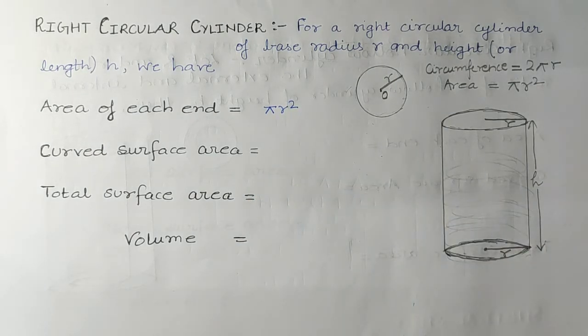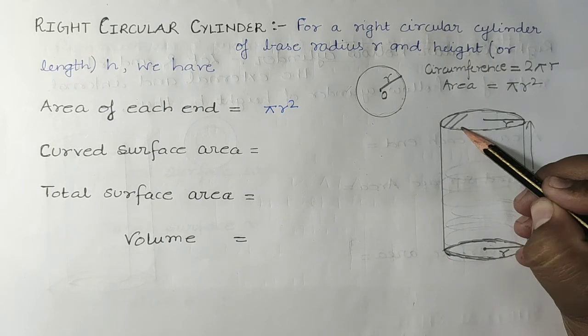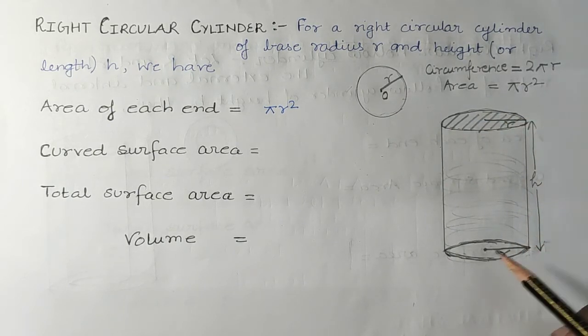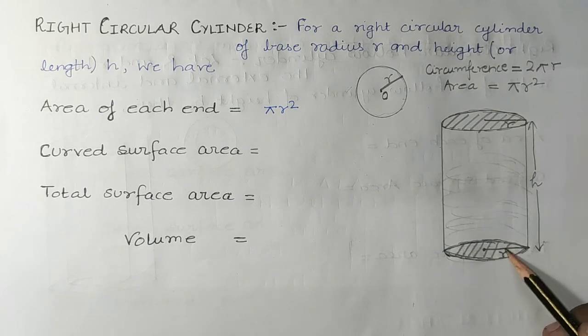Curved surface area: in circular solids, in place of lateral surface area we use the term curved surface area. Curved surface area is just the lateral surface area of the solid. As I told you for previous solids, when we talk about lateral surface area, or in this case curved surface area, we exclude the area of its top and the area of its bottom.